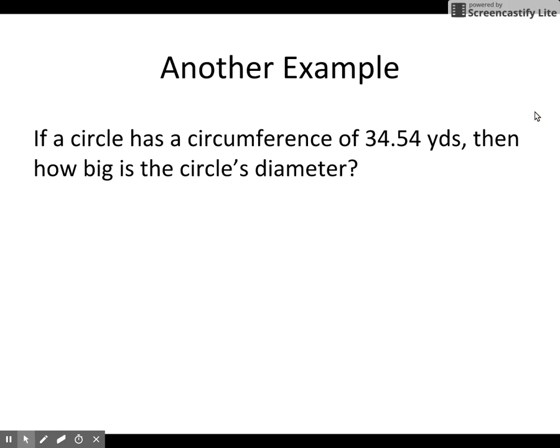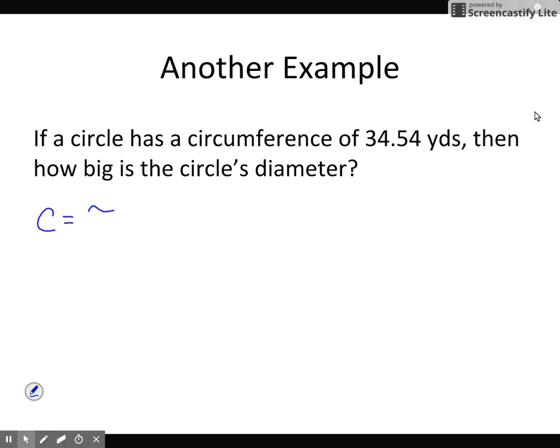Here we have another example. This one asks, if a circle has a circumference of 34.54 yards, then how big is the circle's diameter? So let's use the formula. C equals pi times diameter. Since we are given the circumference and it's asking for the diameter, plug in what you know. The circumference is 34.54 yards equals pi times diameter.